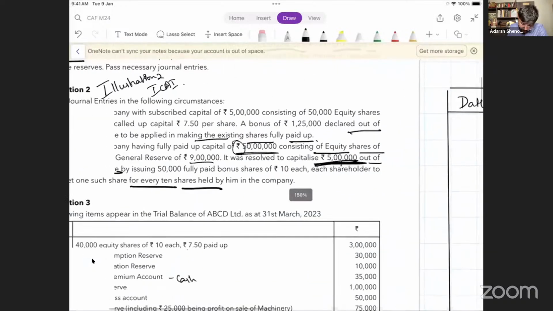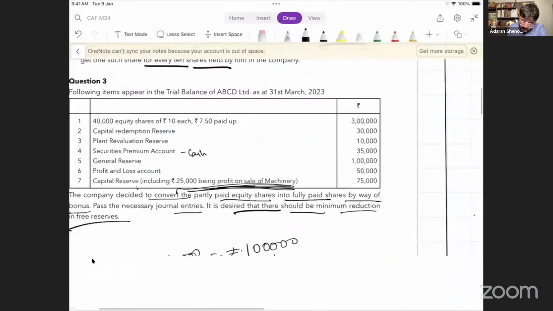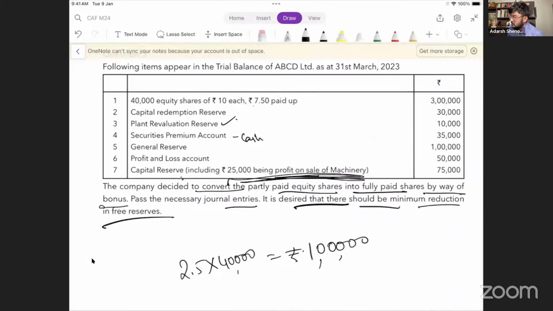Then I'm going to need another 75,000 for which I will be debiting. Can I debit the plant revaluation reserve? 10,000 is there in plant revaluation reserve. Can I utilize the plant revaluation reserve? The answer is no. Plant revaluation reserve cannot be used. CRR for bonus call no, security premium for bonus call no. Capital reserve to the extent of 25,000 yes, rest no. Then you have general reserve, P&L account you can utilize.